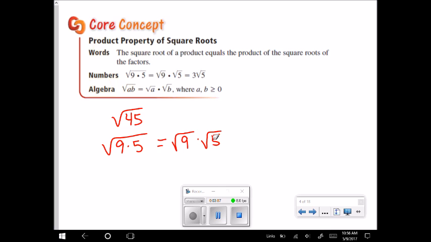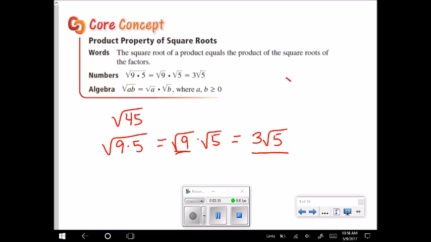So this helps us simplify, because then what is the square root of 9? Well, that's 3. The square root of 5 we can't simplify any further because it's not a perfect square. So this would be simplified. So the algebra says the square root of a times b would be the square root of a times the square root of b, as long as a and b are greater than 0, which brings up another good point.